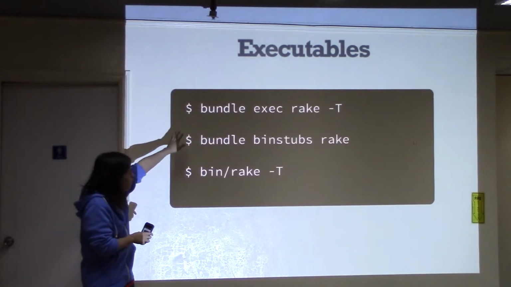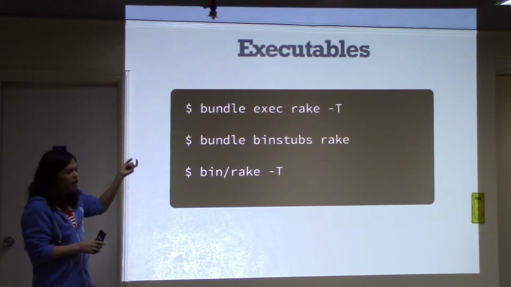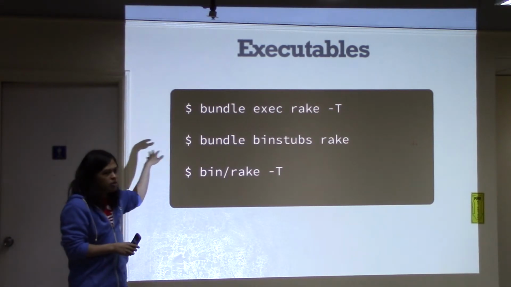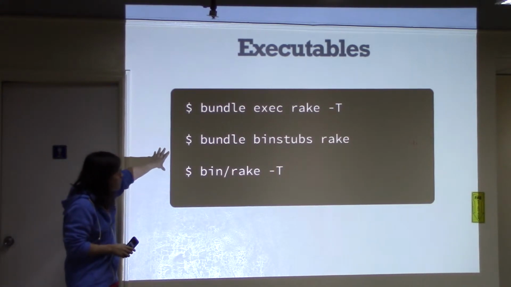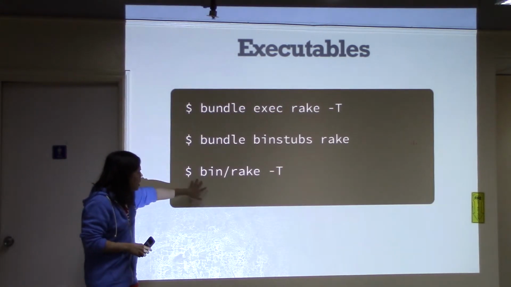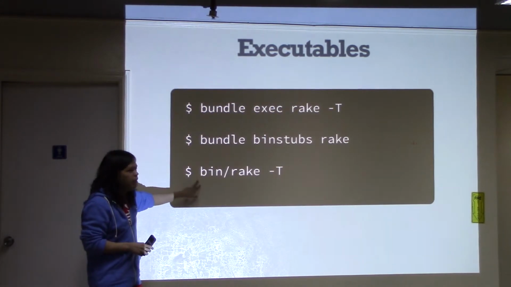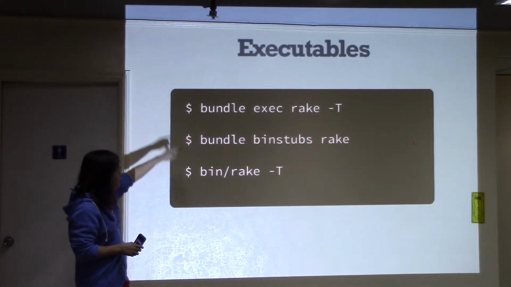In case this is too long for you, I know a lot of people make a shortcut like BE or something so that they don't have to type the entire bundle exec. But Bundler also provides this, so when you run bundle binstubs rake, then it will have a rake wrapper under bin. So you can run the same command earlier with just this.